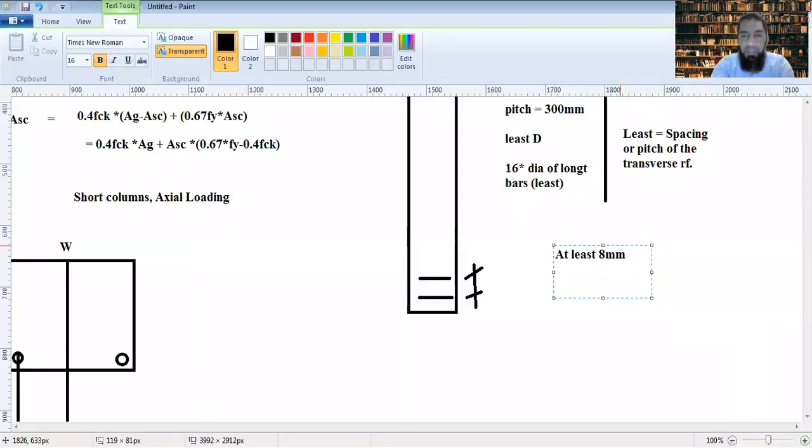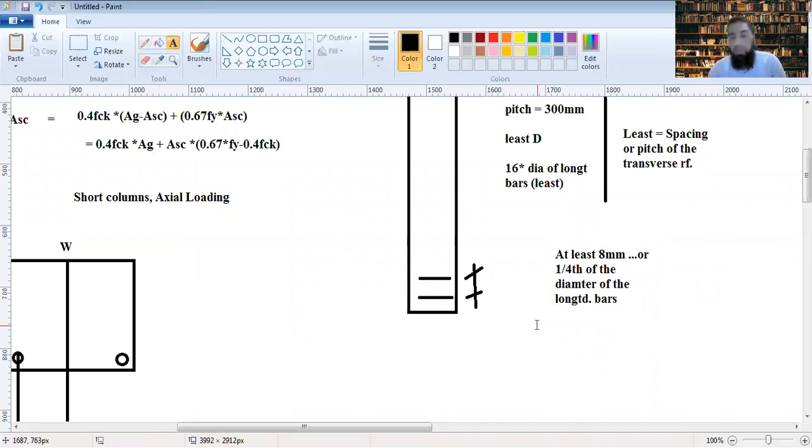It's 8 mm at least, and the diameter shall not be less than 1/4 of the diameter of the longitudinal bars. So, for example, if you have a 32 mm bar, 1/4 of that would mean 8 mm. If you have a bar greater than that, but at least you have to provide 8 mm diameter for the ties.